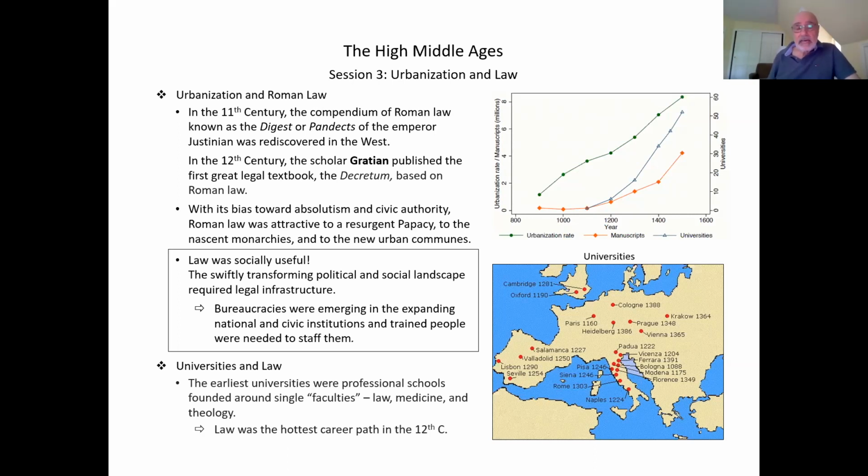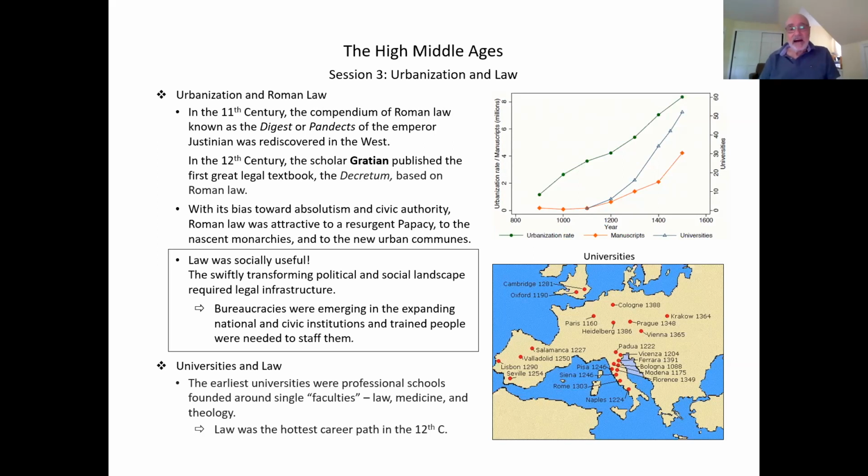So law was socially useful as a study, as a discipline. The swiftly transforming political and social landscape required legal infrastructure. You needed rules. There were these new social classes that had developed that were outside the framework of existing feudal society. You had entrepreneurs.